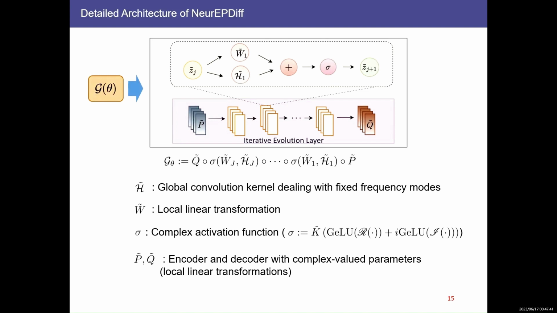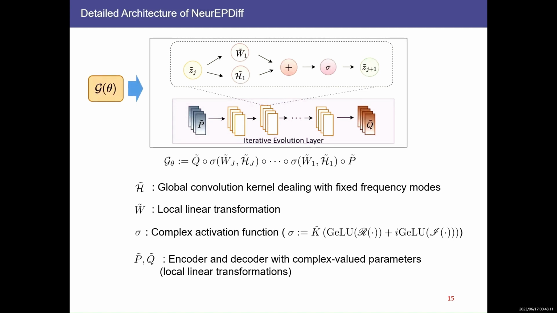After that, we project the representation back to the original space with a decoder Q tilde. As to the iterative evolution layer, we design an alternative combination of linear operators and nonlinear activation functions to enhance its nonlinear expressiveness.